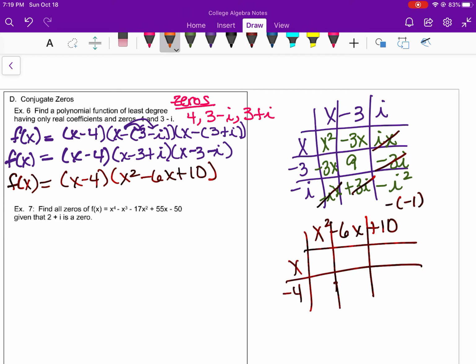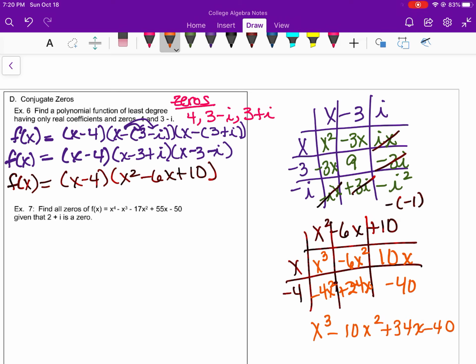And it's pretty easy with the times table. It'd be a positive, wouldn't it? And then minus 40. So that is x to the third minus 10x squared plus 34x minus 40. Okay.